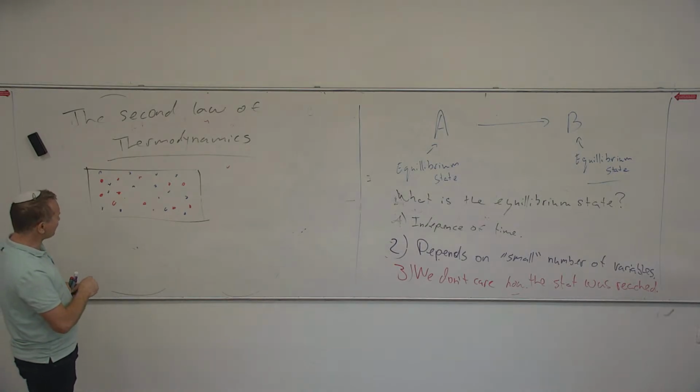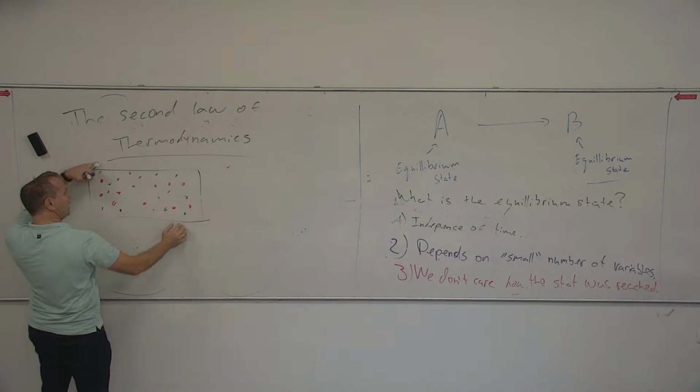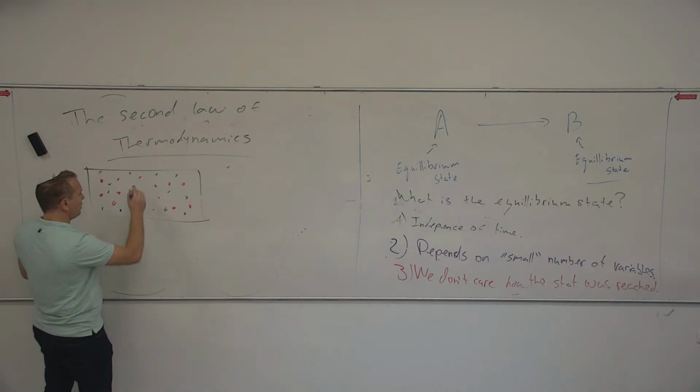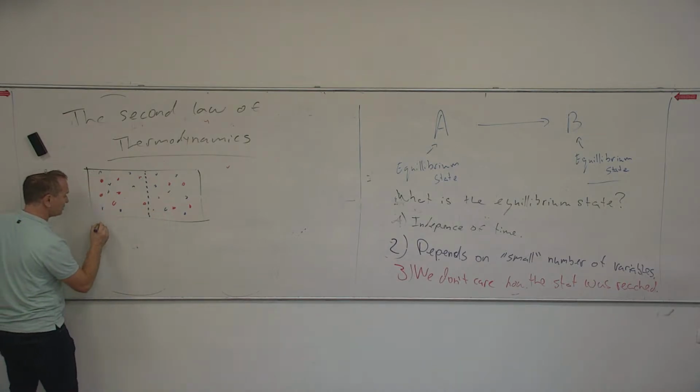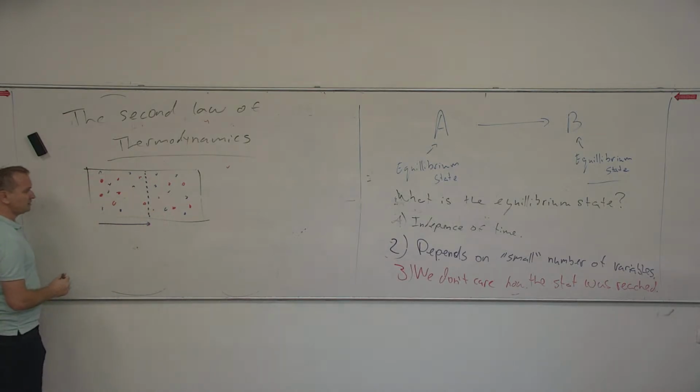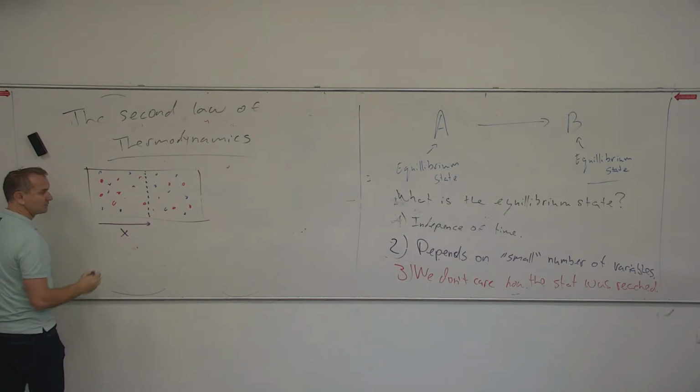And I put a membrane inside this two-dimensional box. The size of the box is fixed. The distance of this membrane from the left-hand side is x.